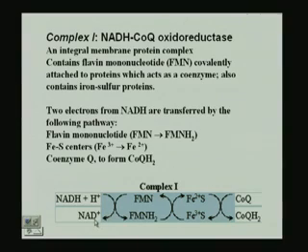So, what we are looking at here is NADH plus H plus going to NAD plus. Now, what is happening here then? There has to be some cofactor that is going to take up the hydrogens. FMN takes that up.